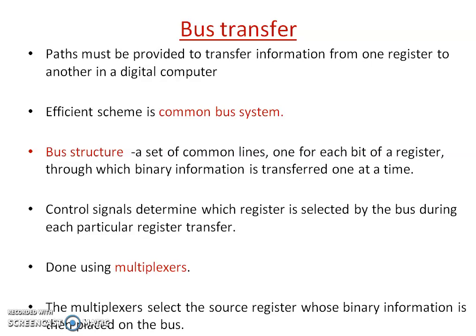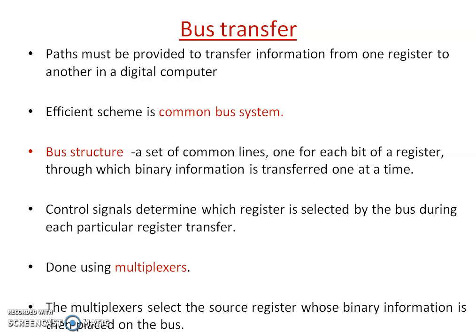If a colon is there, it means a control function is specified just before that colon. So once that control function is satisfied, the right hand side, that is after the colon, the micro operation that is specified will be performed.